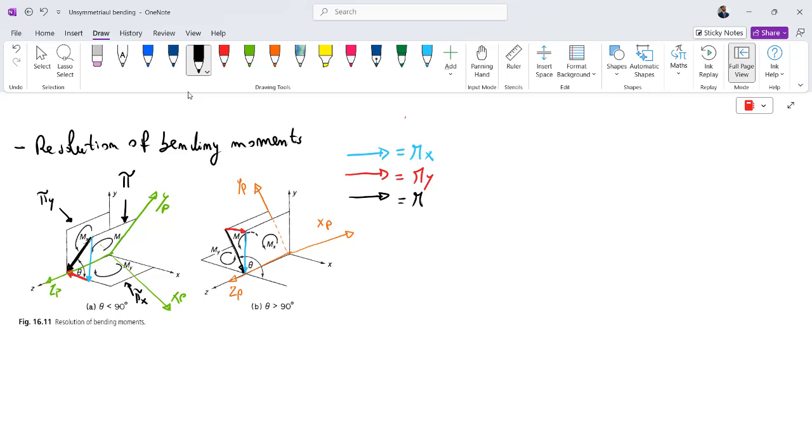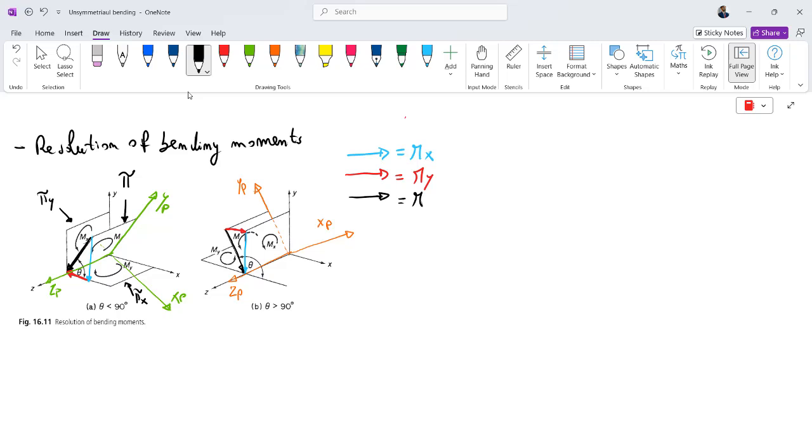It is difficult at first to note that, because you can say on the pi y plane I must have My, and on the pi x plane I must have an Mx moment. But not here, because if you see this, the black arrow is the applied moment, represented with a black arrow, as a vector, to see how it is happening.